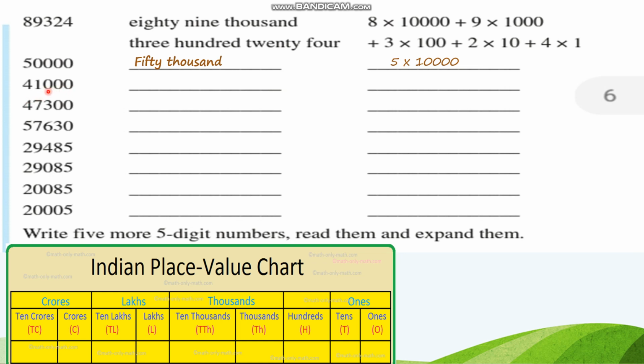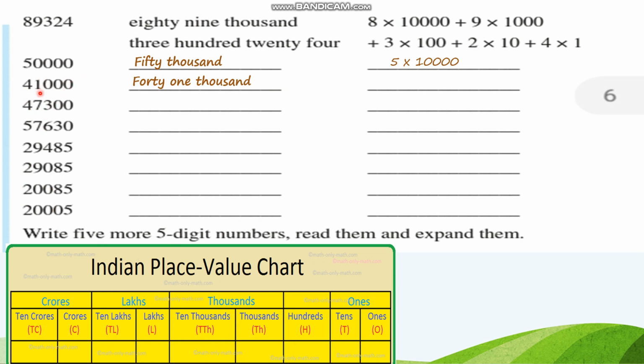Here these zeros come in ones period, and 1 and 4 come in thousands period. So how to read this number? Yes, 41,000. Very good. And how to expand this number? That is 4 into 10,000 plus 1 into 1000. Okay, if you have any doubt, then you can use this place value chart. You can arrange this number in the place value chart, then it will be more clear.